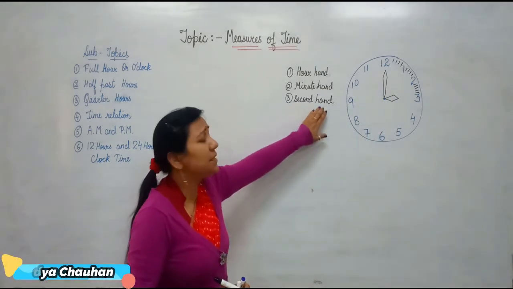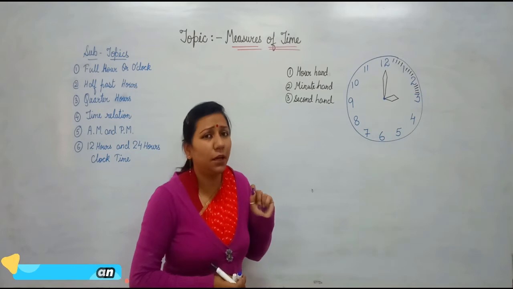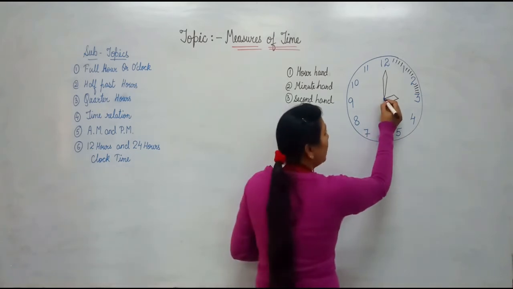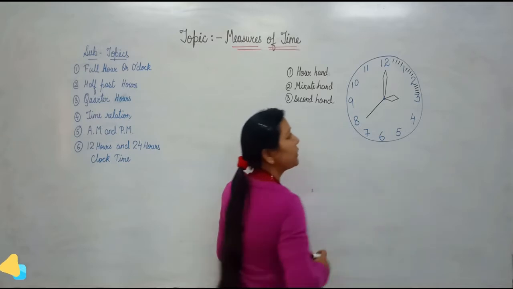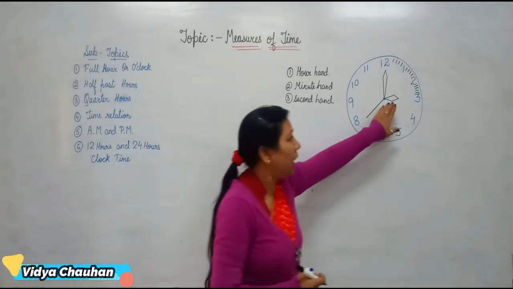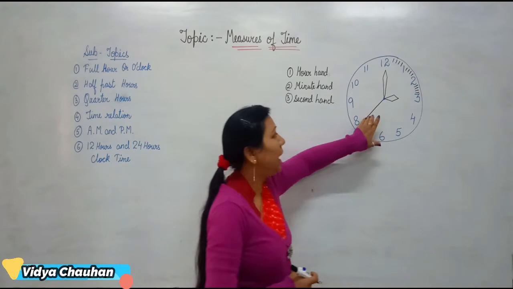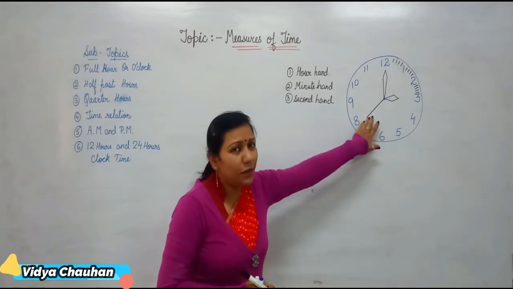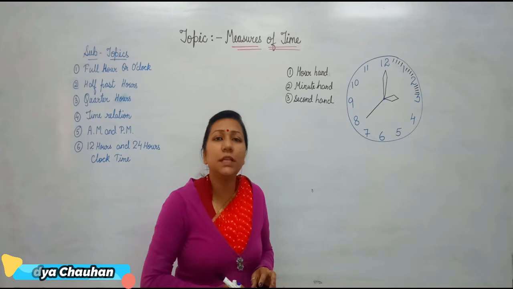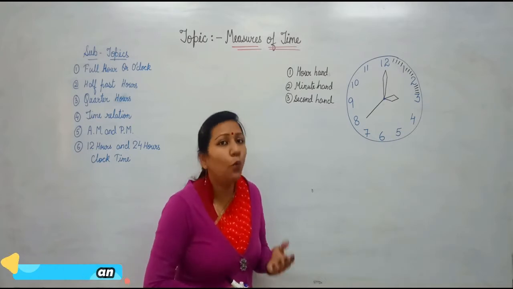After that, there is a very thin needle present in the clock, and that is called the second hand. So let's suppose these are the 3 hands of our clock: hour hand, minute hand, and the second hand. Clear students?